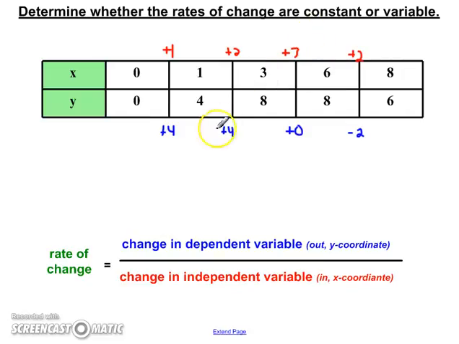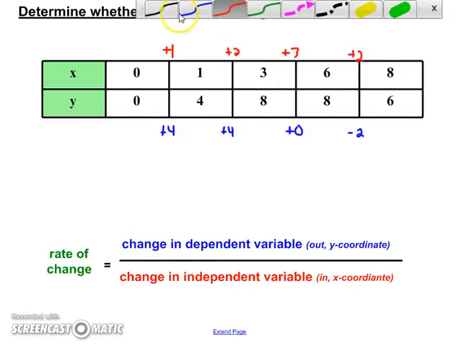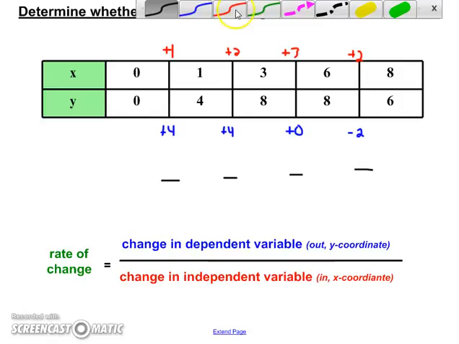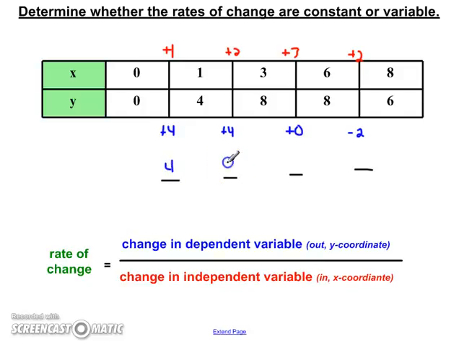Now in each of these cases, I'm going to set up a fraction, a ratio, of my change in y over my change in x. So I'm going to go back to blue, and I put all my changes in y in the numerator. So this would be 4, I'm just bringing this 4 down, this 0 down, this negative 2 down.